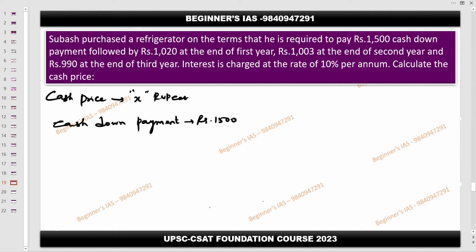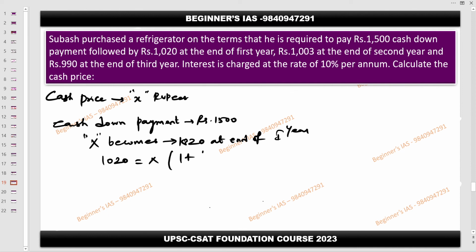Sorry, not 15,000, 1500. Then 1020 at the end of the first year. So therefore the amount, I don't know the principal X, 1 plus interest is nothing but this one.